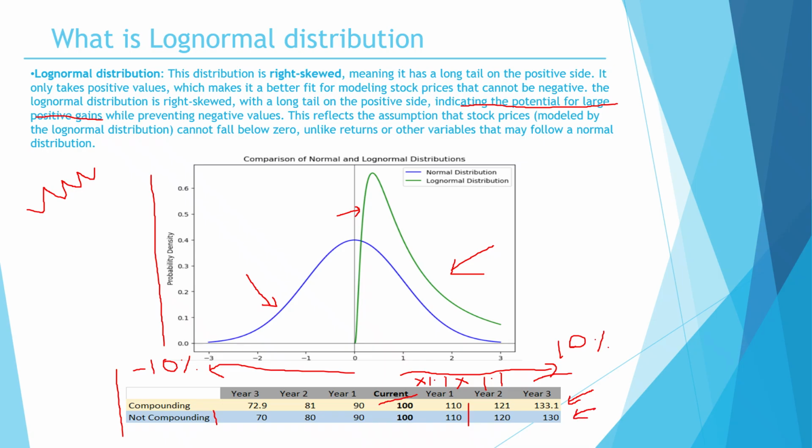So it means that my value has increased by 3.1 with compounding in comparison to not compounding. So what you will observe here is that if I am applying compounding, my potential for large positive gain on the right hand side has increased.